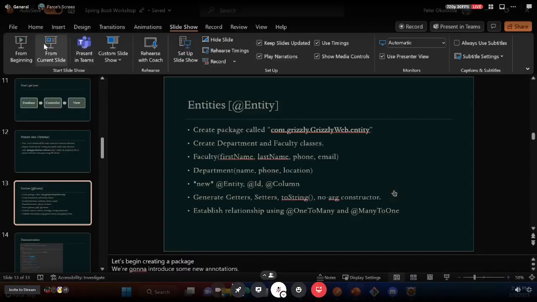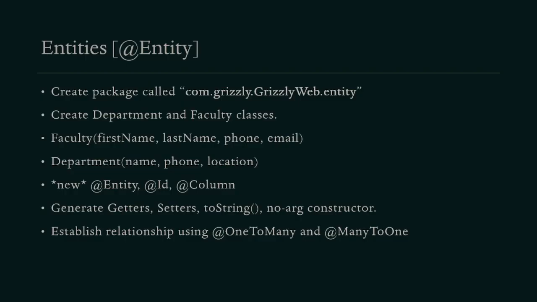So now there's something I also want to talk about. We want Spring to know that this is not just a simple class that we're making. We want it to know that this is going to represent an entity within our database. So on top of our class, we're going to add the entity annotation.